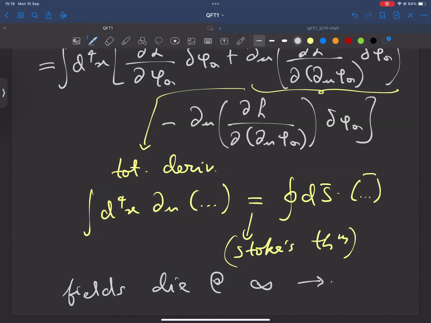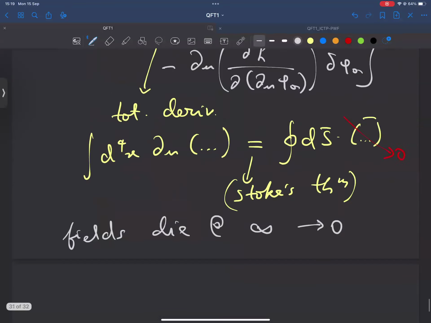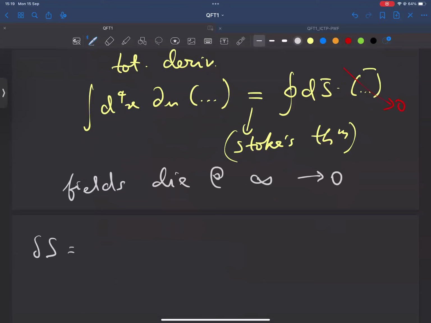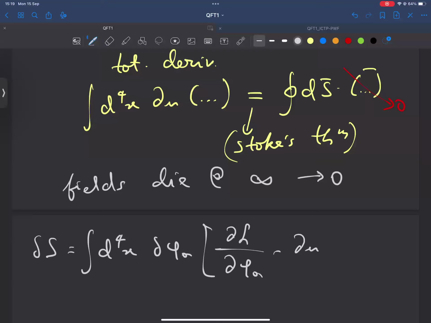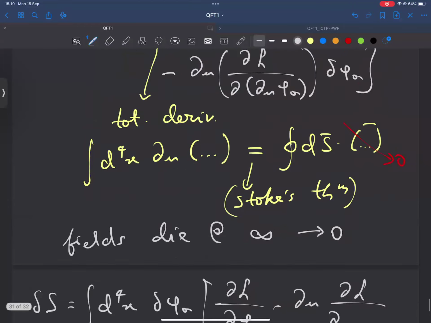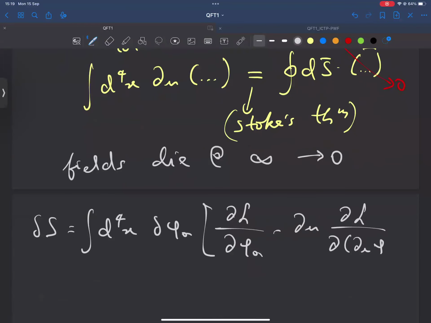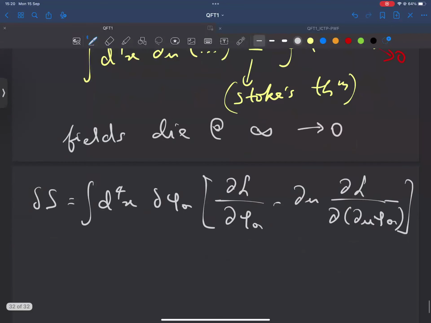So fields go to 0 at infinity, and hence you can drop this term. So what you are left with is just this piece, d^4x, the variation, minus ∂_μ, ∂L/∂(∂_μ φ_a). Okay, so that's what we get.